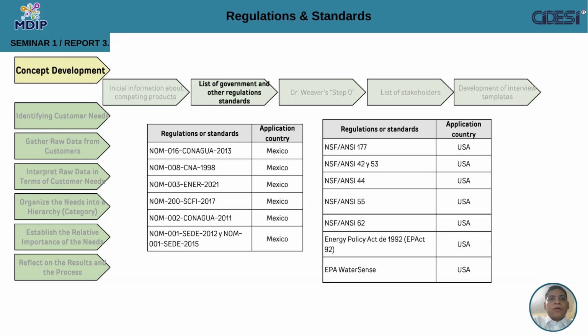Government and/or other regulations and standards applicable to the product in Mexico were reviewed, including Mexican official standards and USA agencies and certifications such as the EPA and WaterSense respectively. These standards cover the efficiency requirements, test methods, safety requirements, requirements for electrical installation and included showers in Mexico, etc.